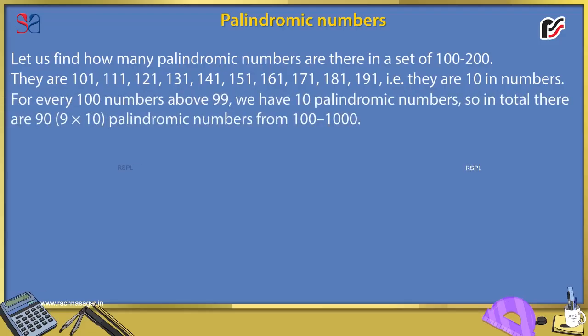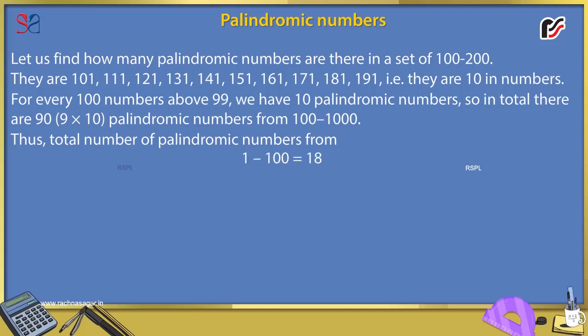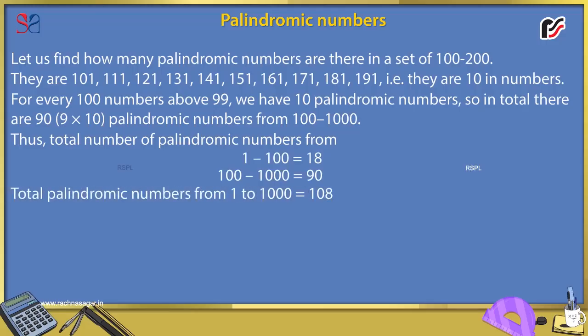For every 100 numbers above 99, we have 10 palindromic numbers. So in total there are 90, that is 9 multiplied by 10, palindromic numbers from 100 to 1000. Thus, the total number of palindromic numbers from 1 to 100 is 18, and from 100 to 1000 is 90. The total palindromic numbers from 1 to 1000 is 108.